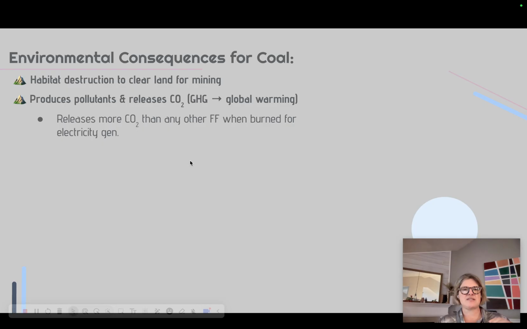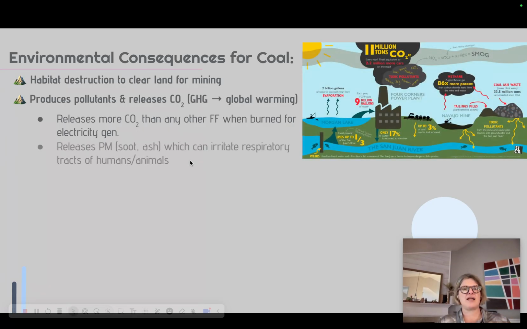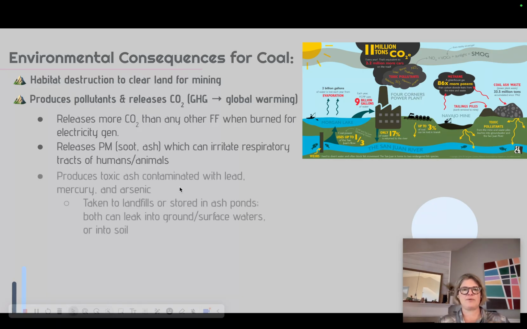It also releases a lot of particulate matter in the forms of soot and ash. This irritates the respiratory tracts of both humans and animals. And we've seen the increases I've mentioned before in the rates of lung cancer in areas where we burn a lot of coal. Okay, so that's a problem.